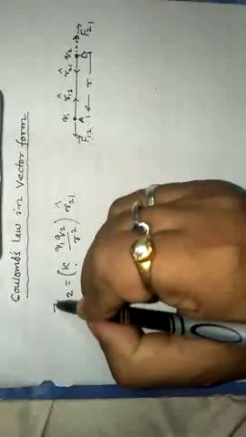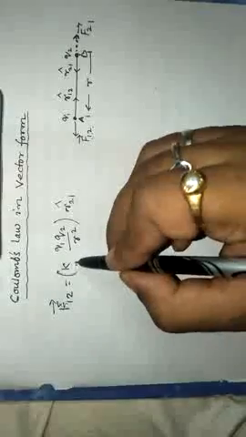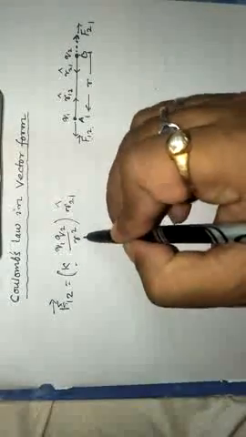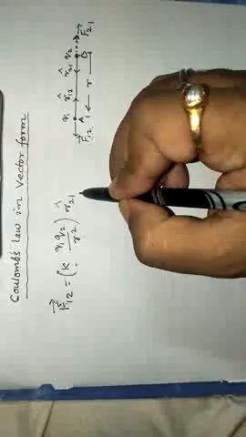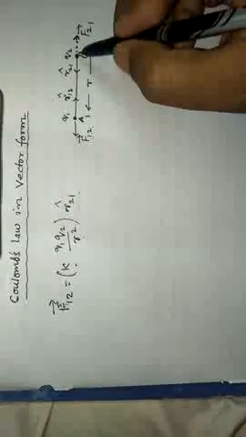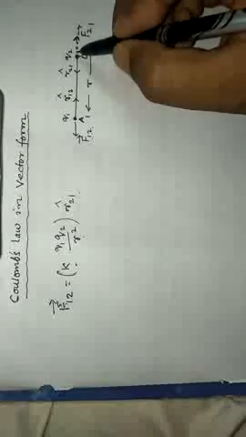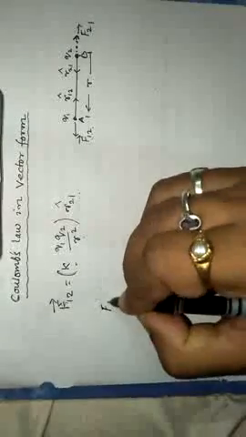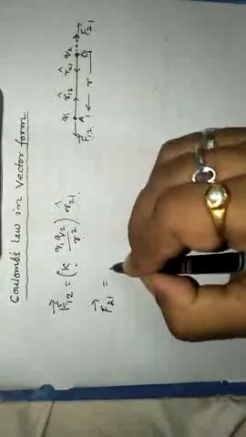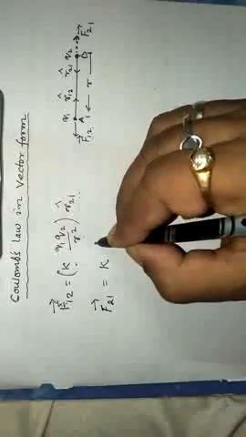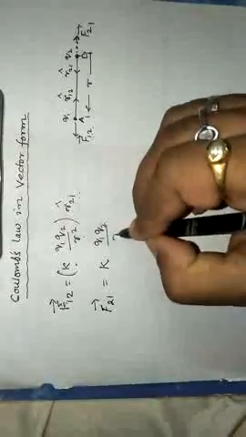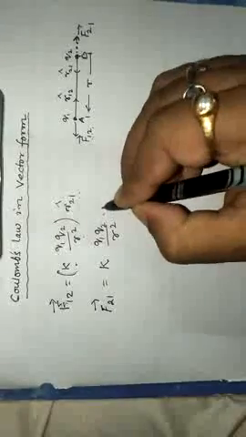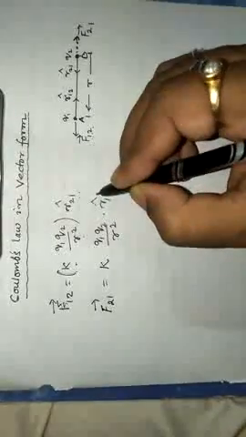So that is the force experienced by charge q1 due to charge q2. F12 bar is equal to K into q1 q2 by r squared into R21 cap. So this force is directed in the direction BA. Similarly, the force on charge q2 due to charge q1 at A is given by F21 bar is equal to constant K into q1 q2 divided by r squared into R12 cap.